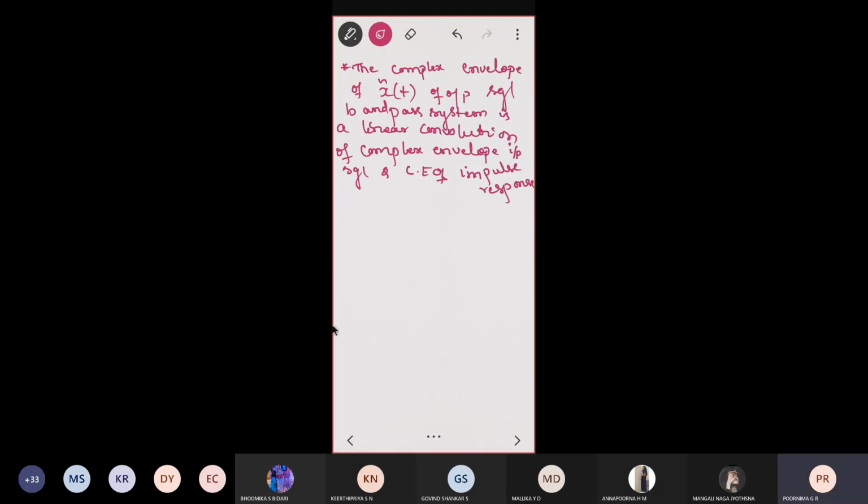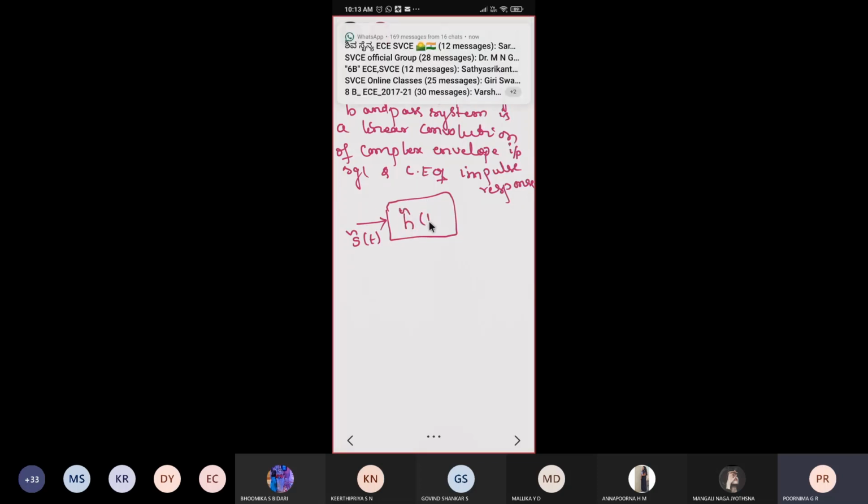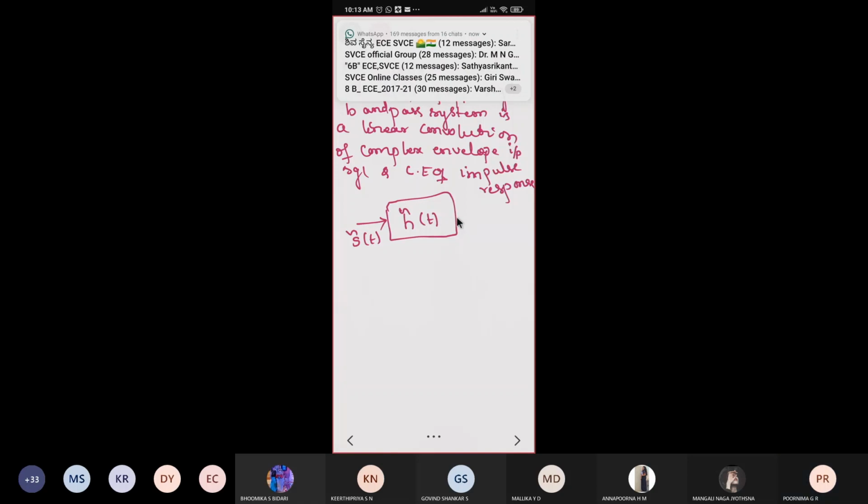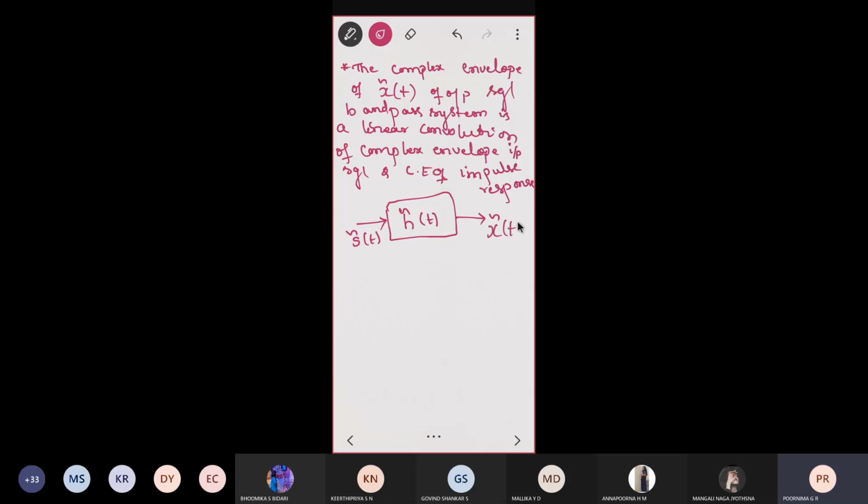You can consider what we have considered now. We have considered a system whose input is the complex envelope of a bandpass signal that we are passing through a linear filter having an impulse response with complex envelope h tilde. So what you are getting is x tilde of t. Now we have to find the complex envelope's response of this complete bandpass system.